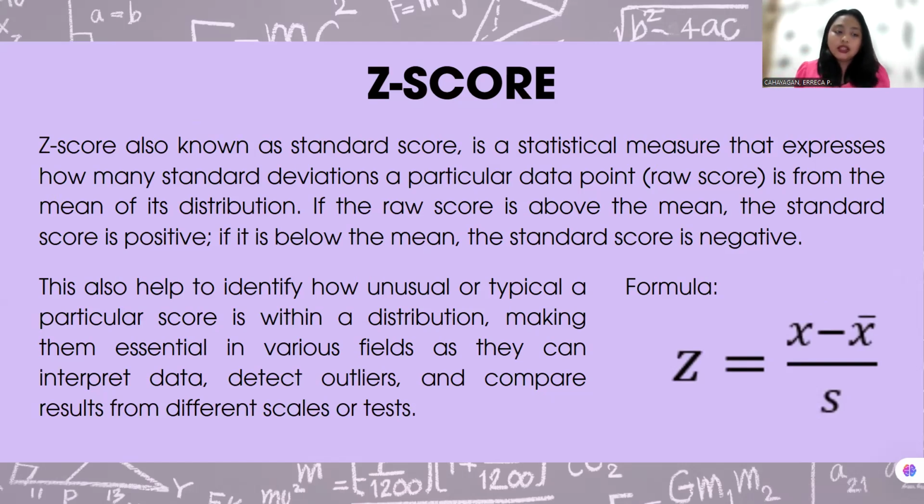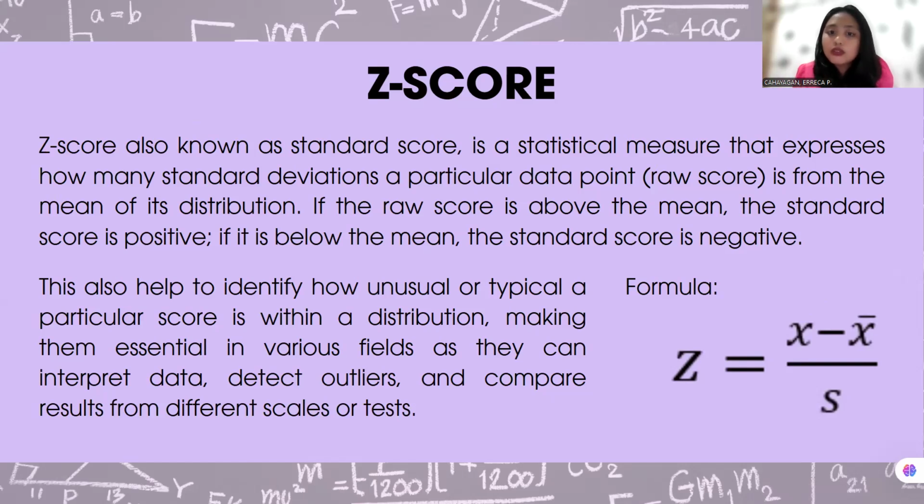So this also helps to identify whether a score is unusual or typical within a distribution, making it essential in various fields, as it can interpret data, detect outliers, and compare results from different scales. So imagine if you took a test and you want to know how well you did compared to everyone else in your class.